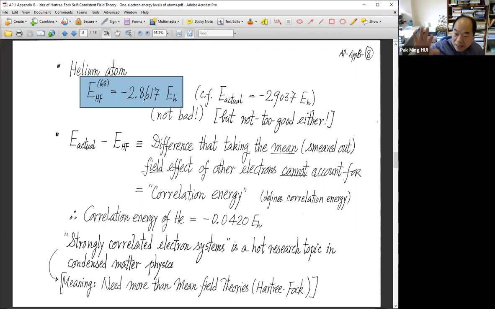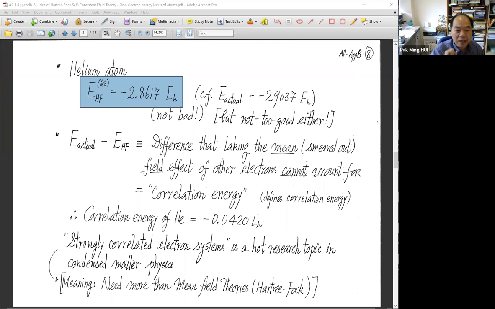We are treating the second electron as smeared out. This idea falls into a general idea called mean field theory. We are taking the mean effect of the second electron on one electron, okay? But in fact, the two electrons want to repel each other. This averaged idea cannot take 100% of the electron-electron repulsive effect into account.